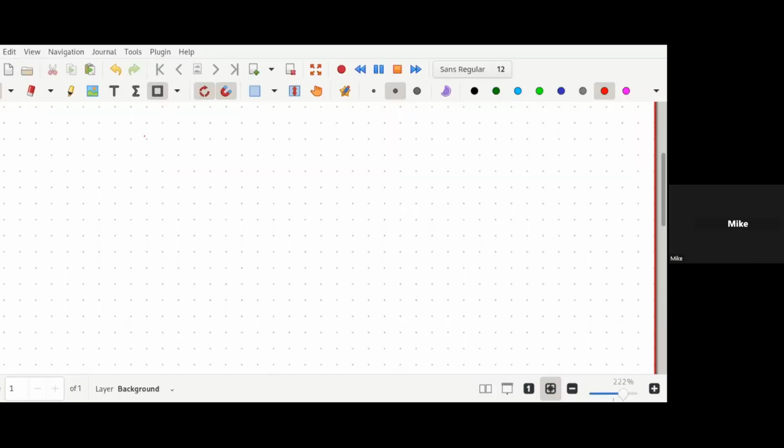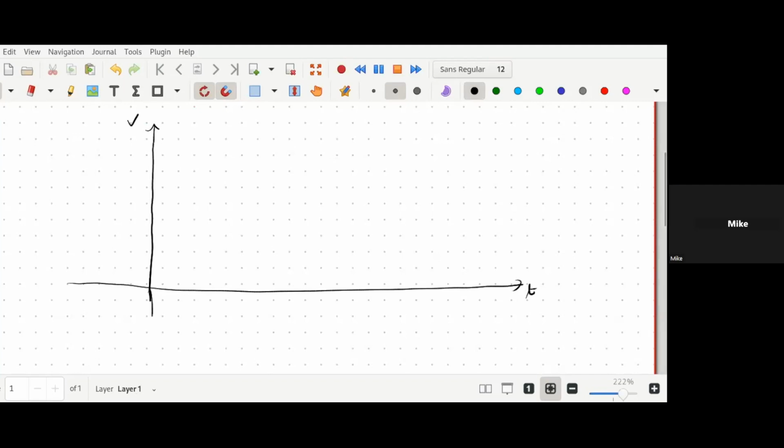For example, let's say ginraph mo yung V versus T. So, let's say you have a graph, V versus T. Kung halimbawa, ito yung shape ng graph natin.